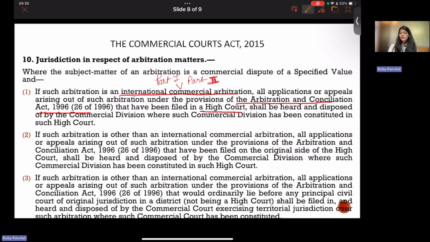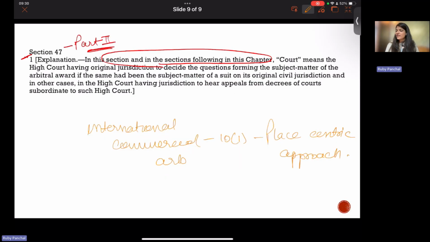So even here, while defining ICA with respect to Part 2, we can simply define it from a place-centric approach, which essentially means no matter what the nationality of the parties is, if the seat is outside India, that's international commercial arbitration.